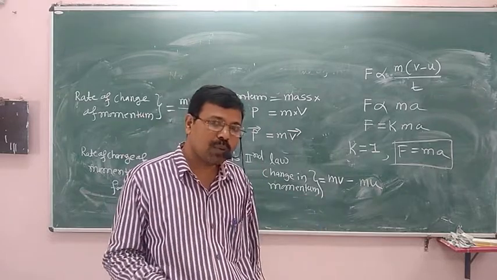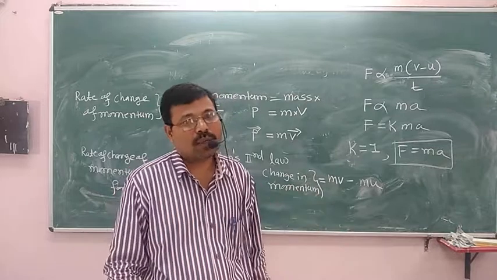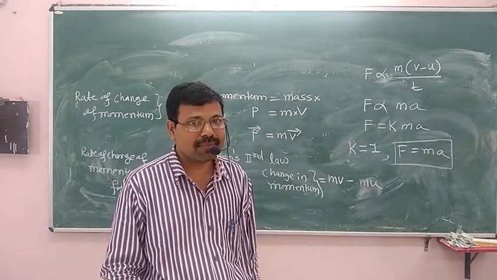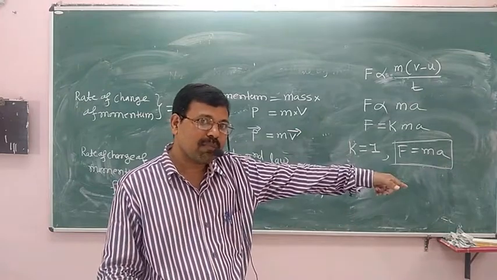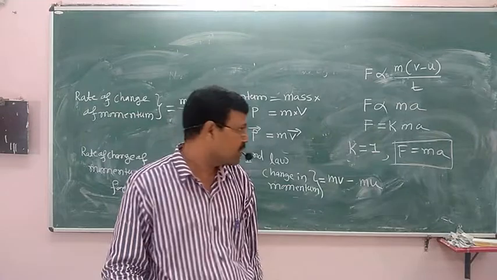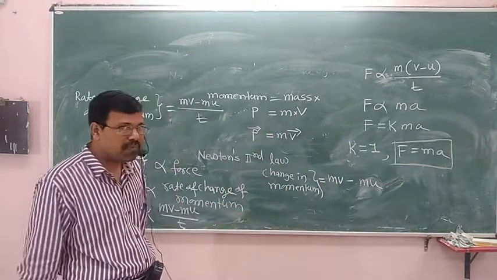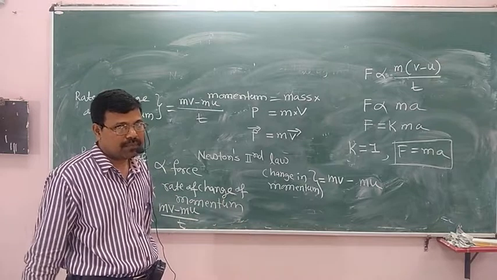This force equal to mass into acceleration is simply called Newton's second law. Greater the force applied on the body, greater would be the acceleration. But this derivation of F equal to ma is very important. Right?